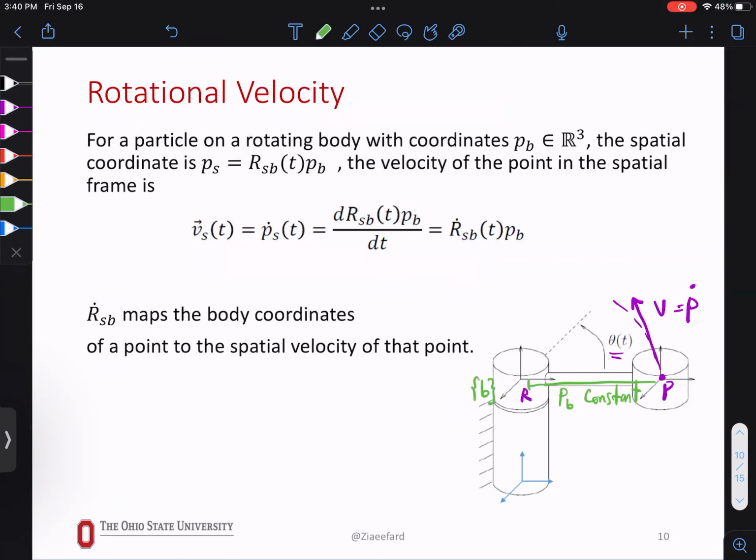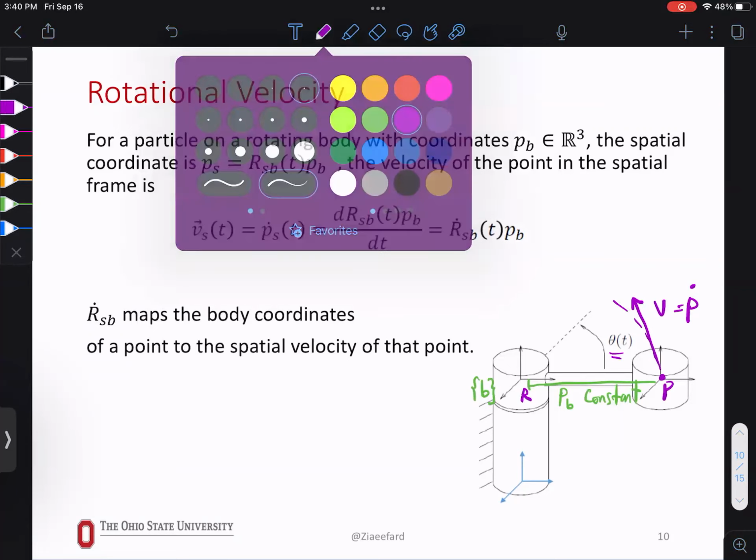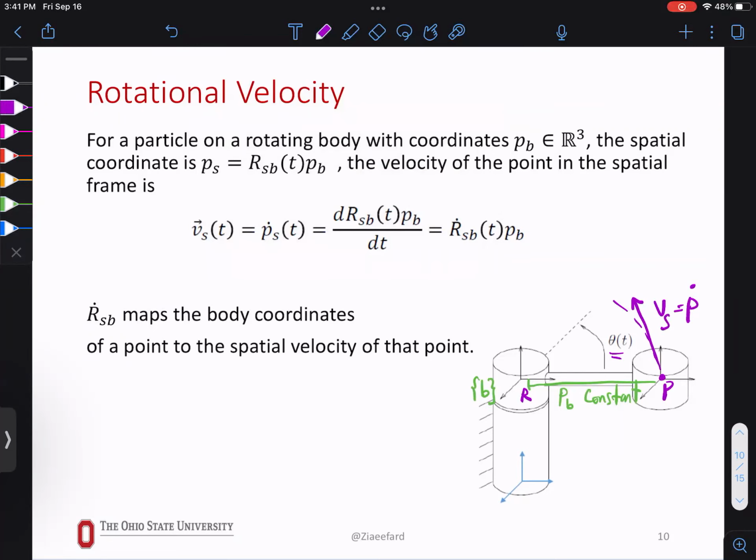It's always on the y-axis, and doesn't change with respect to this. But it changes with respect to this one, because this one doesn't rotate. So we want to find the velocity of point P in the S frame, V of S, which is P dot of S, the rate of change of point P with respect to the S frame.